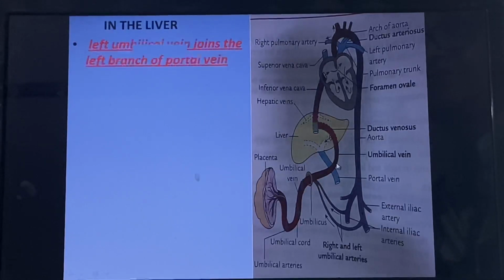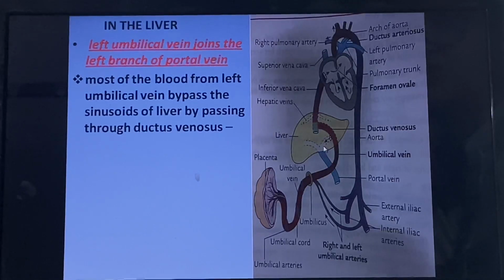In the liver, the left umbilical vein joins the left branch of the portal vein. Now you can see here, this is the portal vein. The left umbilical vein is joining the left branch of the portal vein. Most of the blood from the left umbilical vein bypasses the sinusoids of the liver by passing through the ductus venosus.